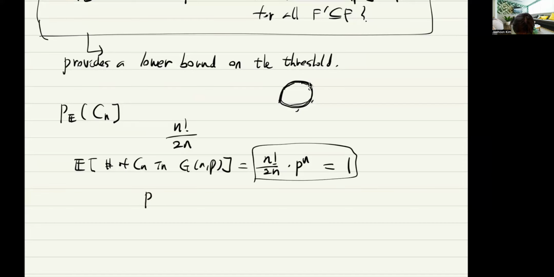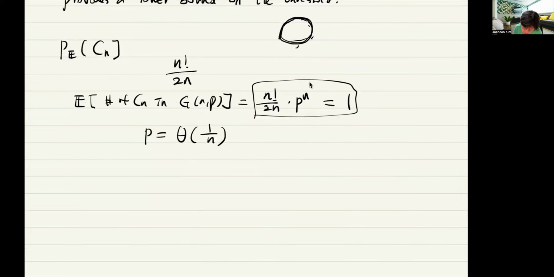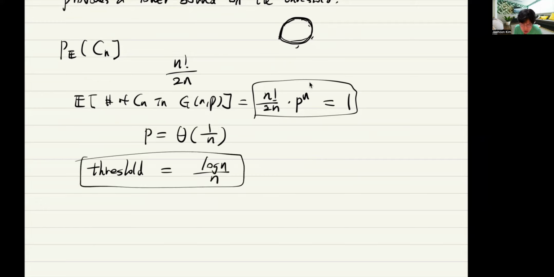So p is some constant times 1 over n. So the expectation threshold is 1 over n, but the actual threshold is log n over n. We know this. So there is a gap. It's not that your expectation threshold actually gives you the actual threshold, but there could be some gap.